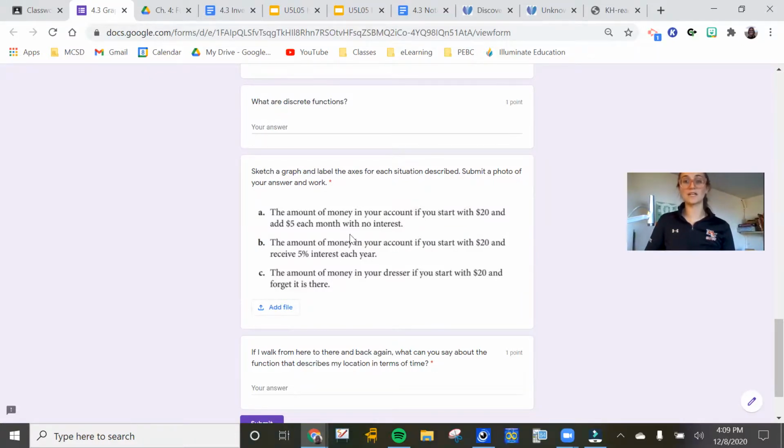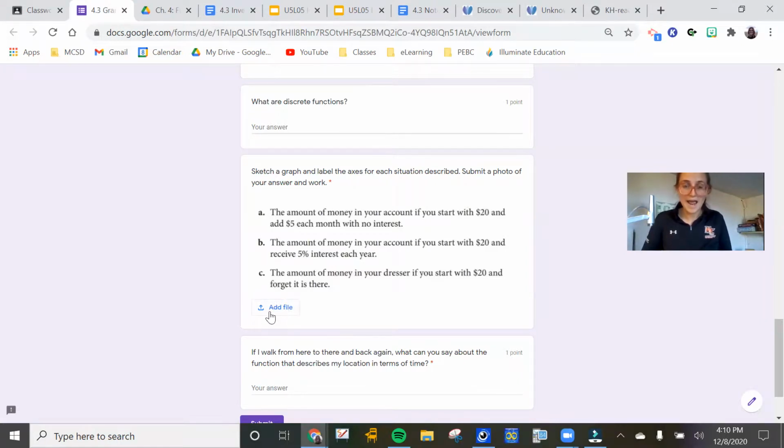Create a graph for each of these 3 situations. It shouldn't take you super long. It's just a sketch. It doesn't need to be perfect, but I want you to label the axes and then draw the graph and then upload a picture into the Google form.